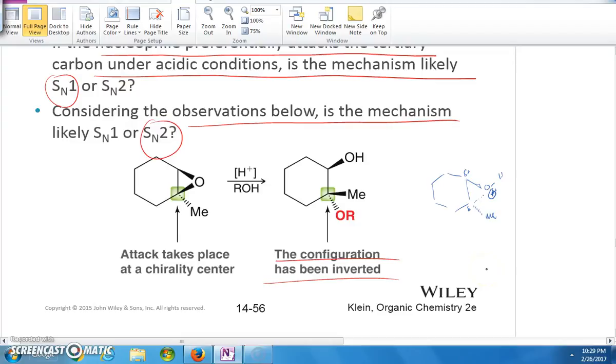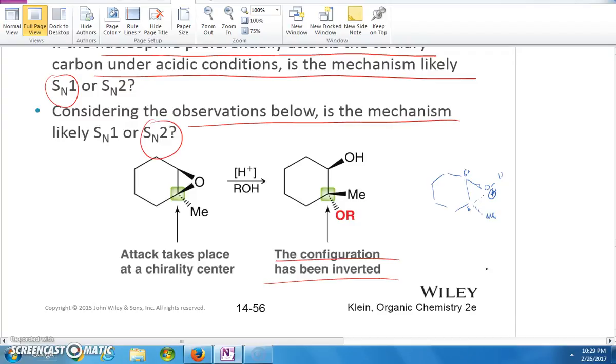Now, this is the only exception you're going to encounter. Every time you have a tertiary carbon in an epoxide in which acid promotes the ring opening, the reaction will go SN2, but the nucleophile is going to attack the tertiary carbon and not the primary carbon.